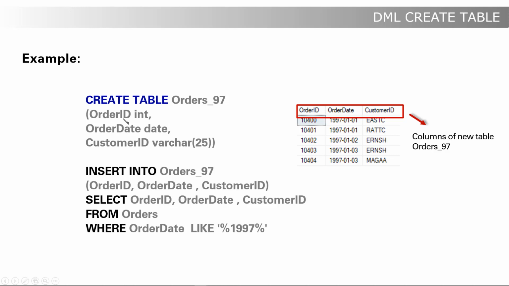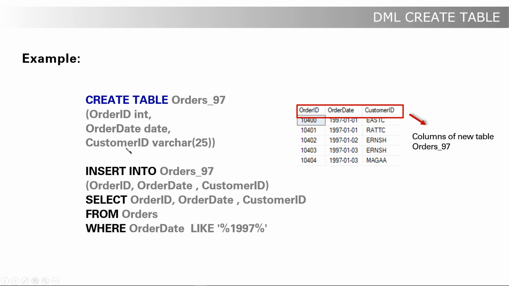We want order ID, it's int, because the order ID is a number, it's a primary key. Order date is a date. And the customer ID is a varchar 25. It means that we can have a string of 25 letters, and in customer ID, we have less. So in the end, we have 3 columns, order ID, order date, and customer ID, of the different types of values that we need.